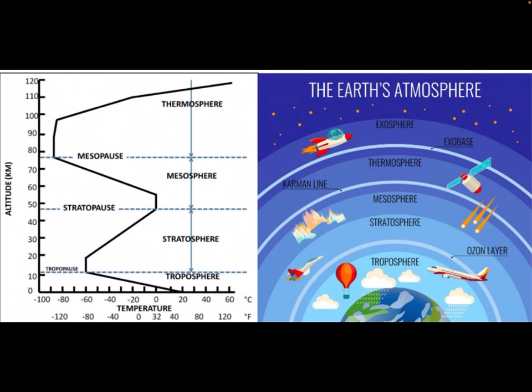Then स is for stratosphere. टॉस में थर्मोस: में is for mesosphere, थर्मोस is for thermosphere. And after the thermosphere there is one layer called the ionosphere, and after the ionosphere there is the exosphere. So these are the six layers: troposphere, stratosphere, mesosphere, thermosphere, ionosphere, and then exosphere.